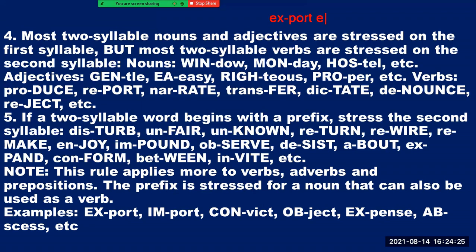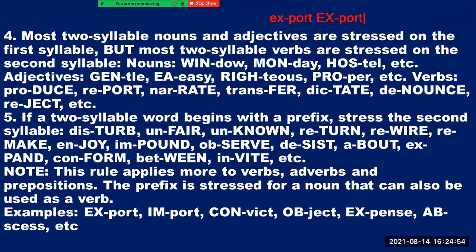And so when we use it as a noun, it becomes exports. All right. So you can see when a two-syllable word is used as a noun and also as a verb, you can stress the first syllable even though it is a prefix if it is used as a noun. So we have export. Those are exceptions to the rule.